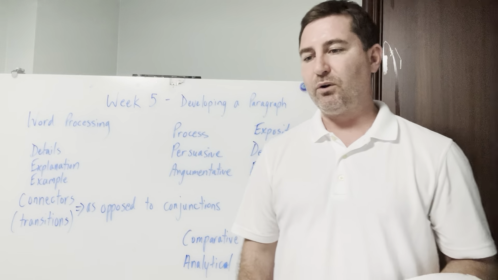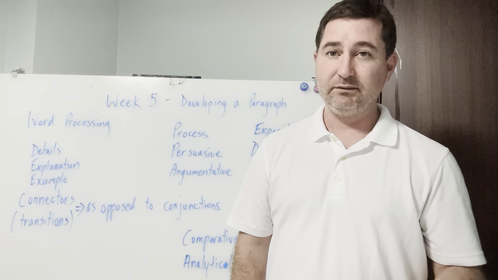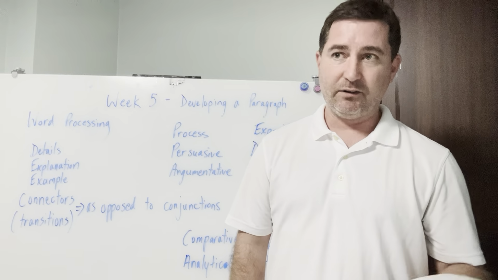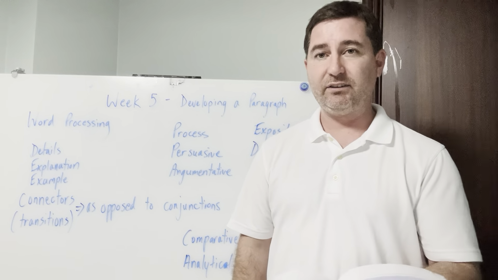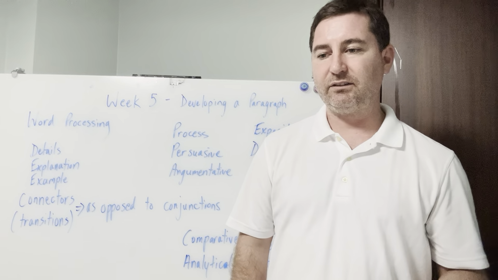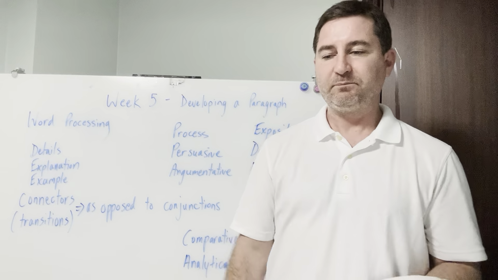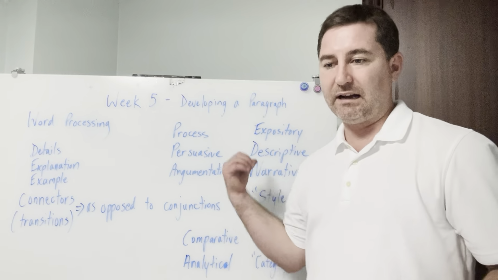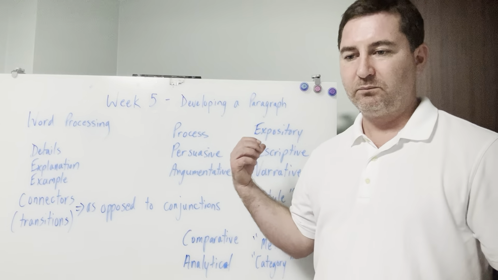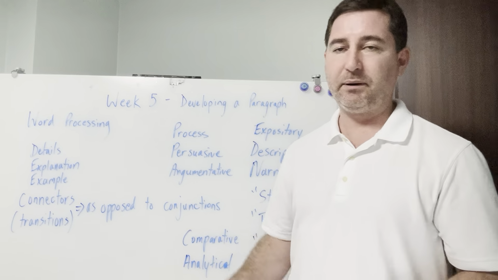The most important thing is that you follow the structure that I mentioned already. You have a topic sentence and supporting sentences that follow it in an organized, orderly fashion, some sort of pattern, according to what kind of topic you're addressing, what kind of style of paragraph you're doing.